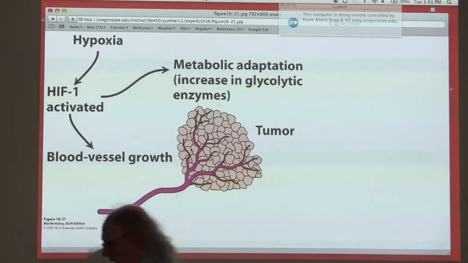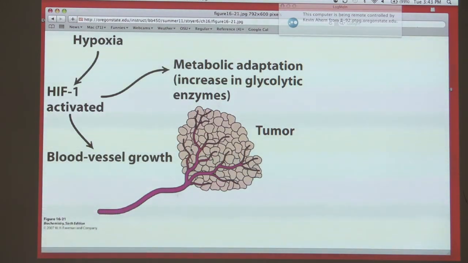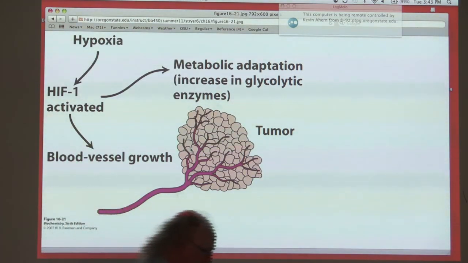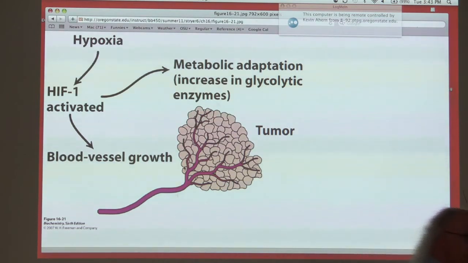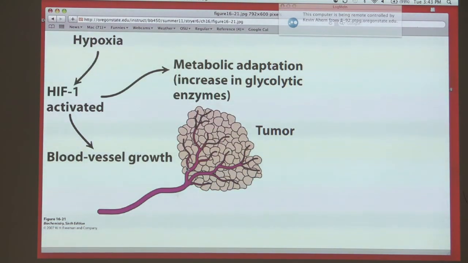Well, that means they are using oxygen faster, and their oxygen needs are therefore greater than those of non-cancerous cells. One of the things a tumor will do, if it becomes established, is stimulate the growth of blood vessels to supply it with oxygen from the blood.